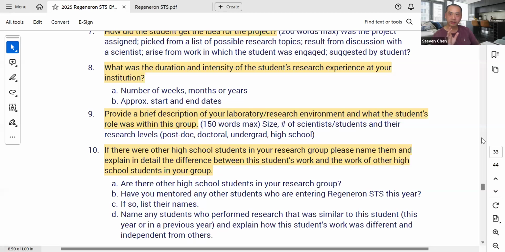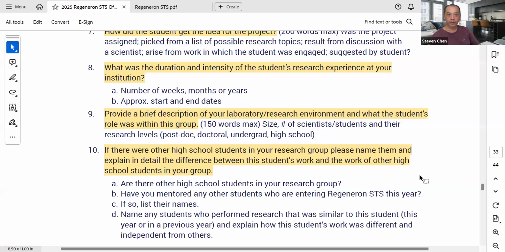Is it clear what I'm saying? They will be your direct competitors, because the mentor is explicitly asked to make a direct comparison and name that student. So this information cannot be hidden.